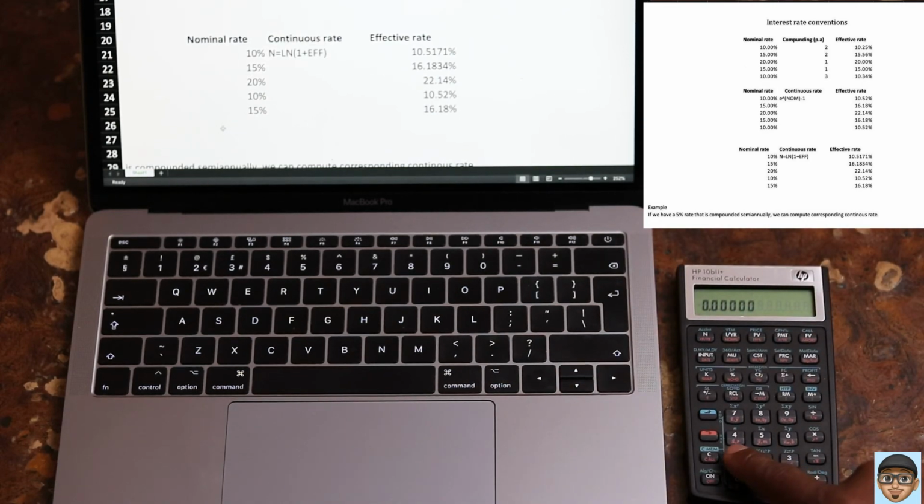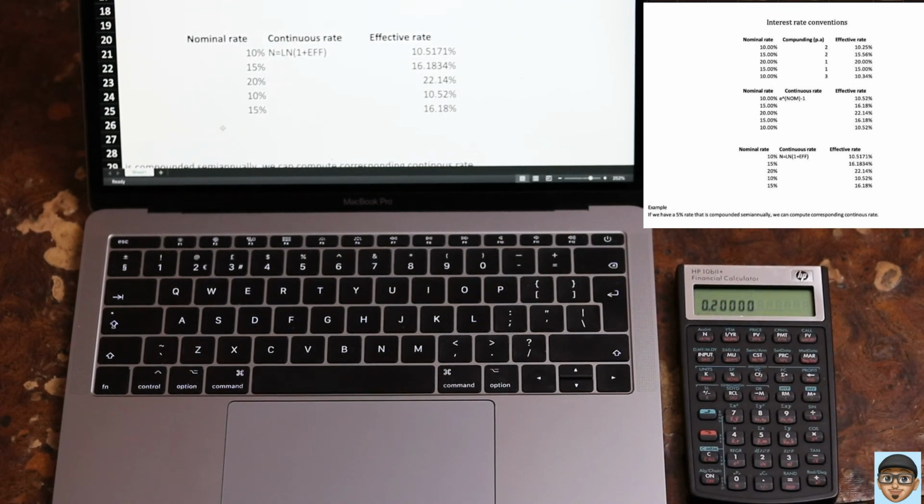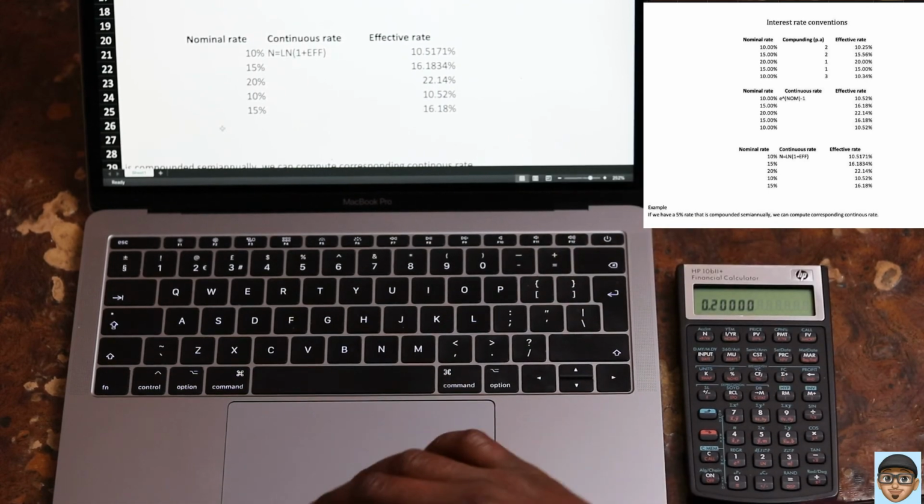It will be 1 plus 0.105171, answer. Then you invoke the natural logarithm, it will give you 10%. We can do the same for 20% as we have it on the screen, 1 plus 0.2214. Then second function, that will be the answer as it is on the screen.